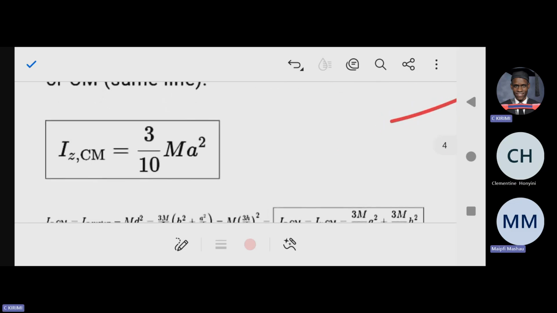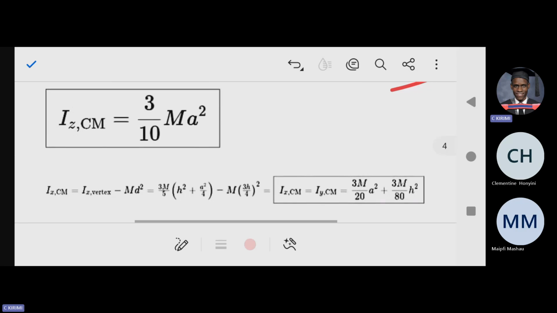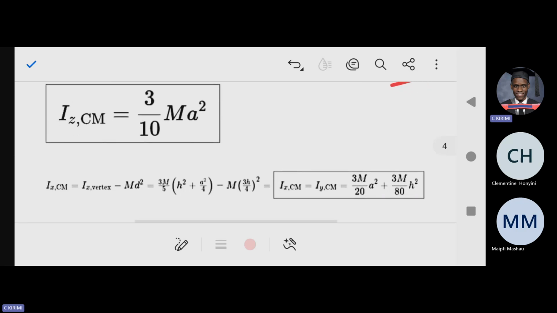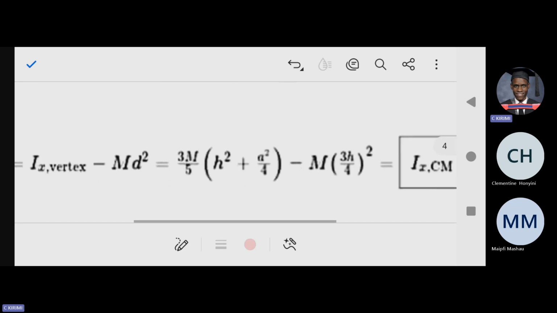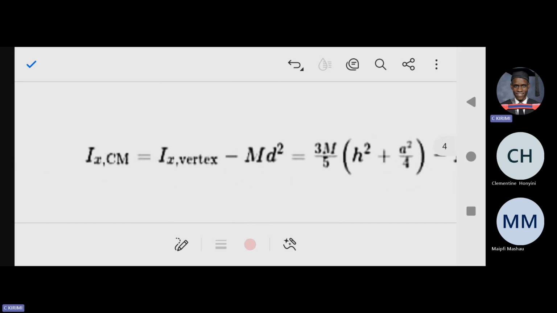Then along the X center of mass, it is the same as the moment of inertia along the vertex minus the mass times d squared.